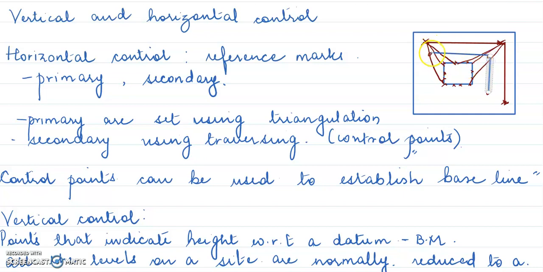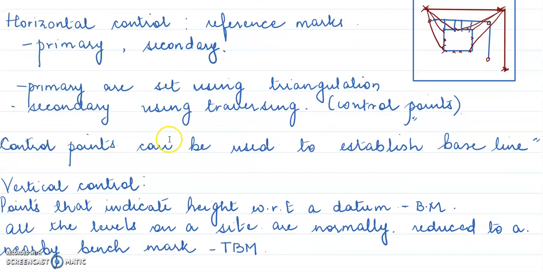So these secondary reference points will be marked using traversing, and primary points will be marked using triangulation. From this, you will have all the offsets. So I want to mark this point. So that is about primary and secondary reference points for horizontal control.